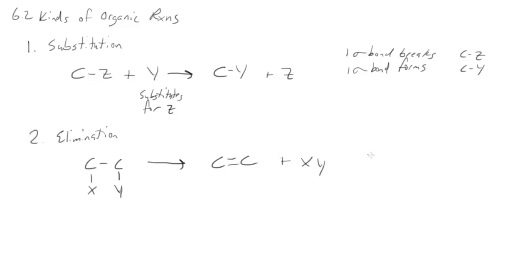So in this reaction, we're going to break two sigma bonds, CX and CY. Then one pi bond forms between the two carbons. And then depending on the molecules, you could say an XY bond forms. That's not as common. But in the starting material, we lose two sigma bonds and we form one pi bond.